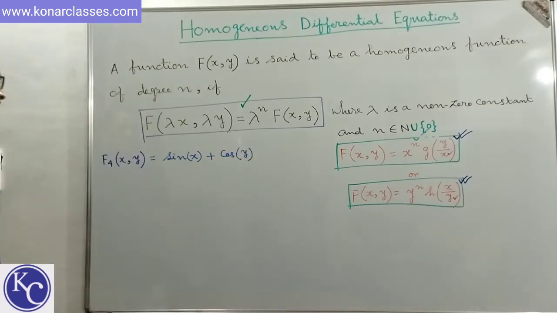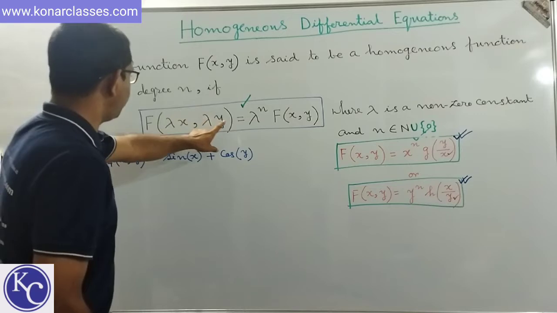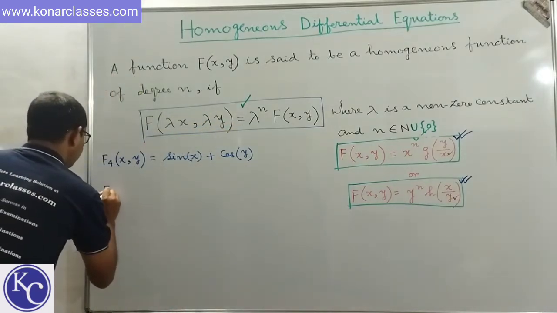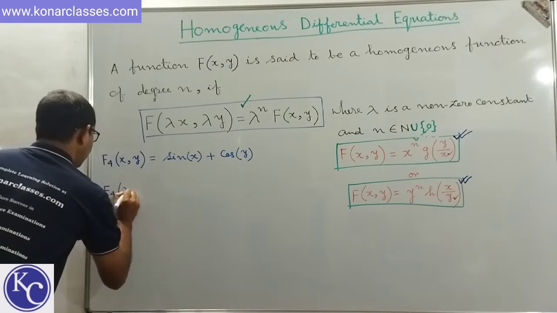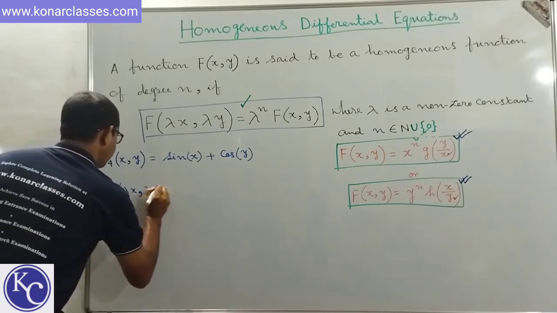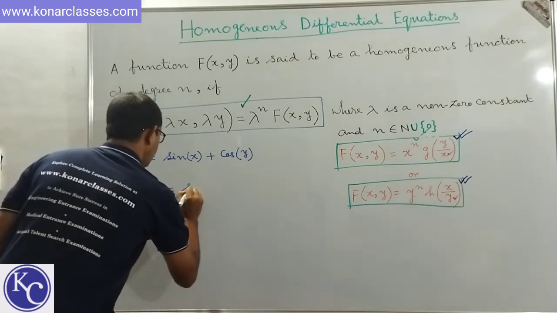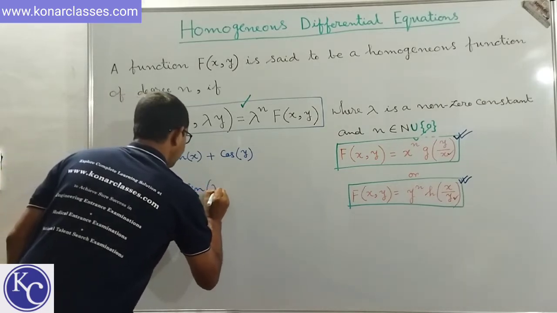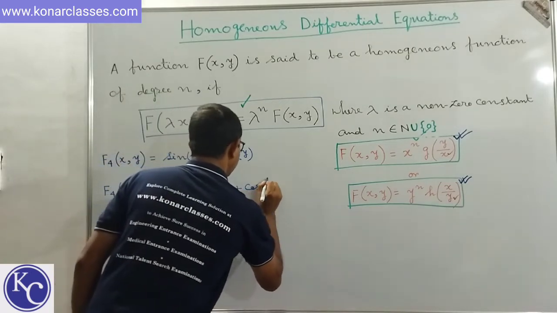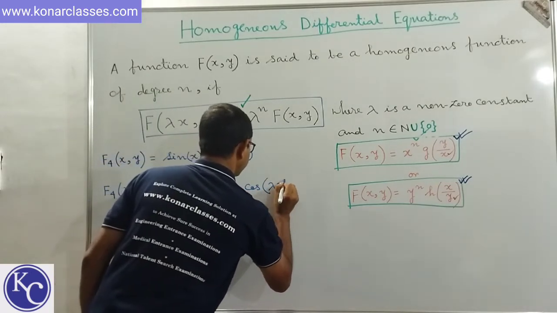Now if you apply this definition of homogeneous function, that means f4(lambda x, lambda y) should be equal to sin(lambda x) plus cos(lambda y). Correct?